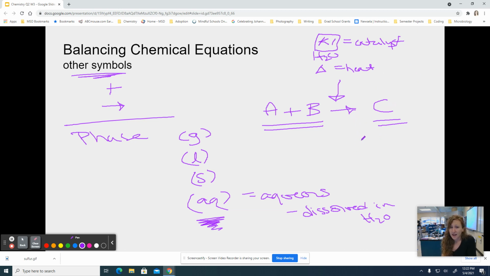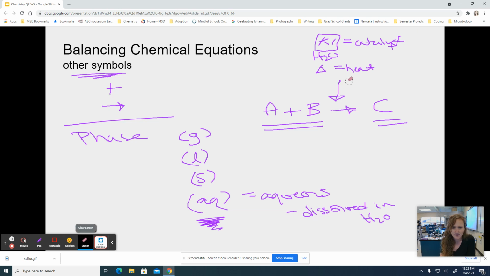So the catalyst might actually be very, very important. The reaction might not actually happen within your observable lab experience, or perhaps not even in your lifetime, without a catalyst present. So if there's a molecule that needs to help the reaction occur, but it's not actually going to change throughout the reaction, you'll see that above the arrow as well.